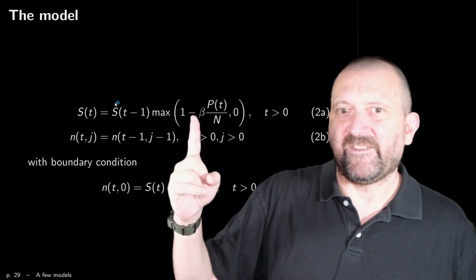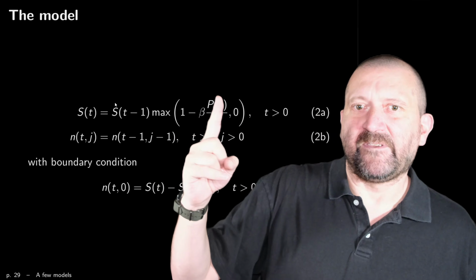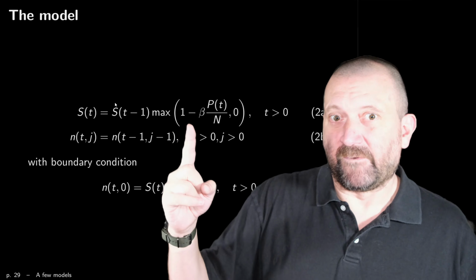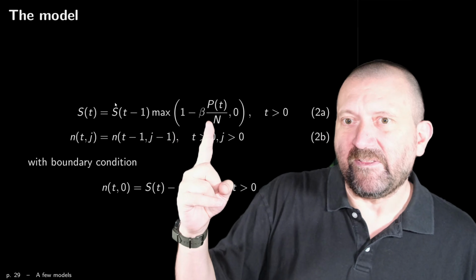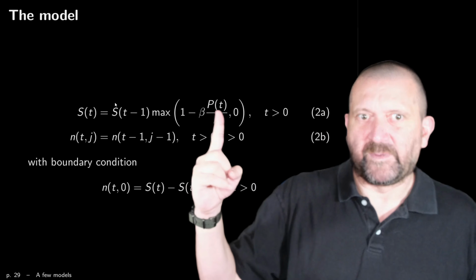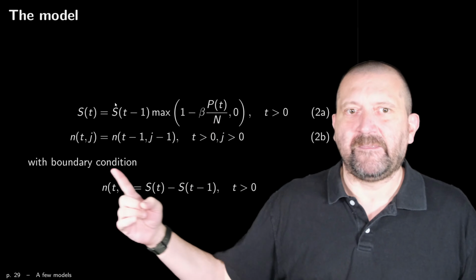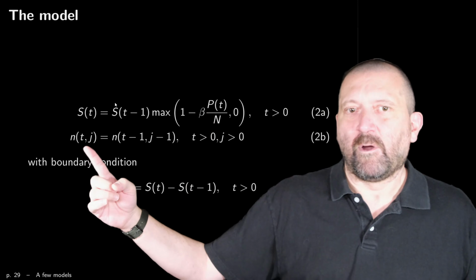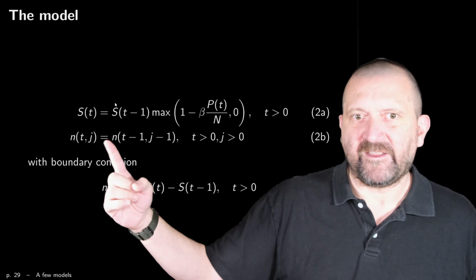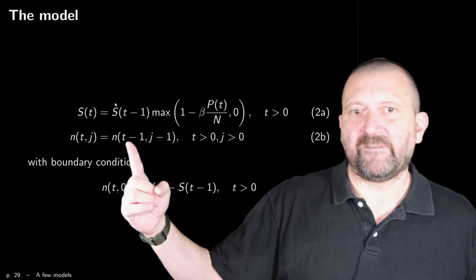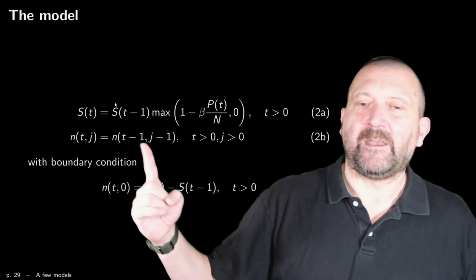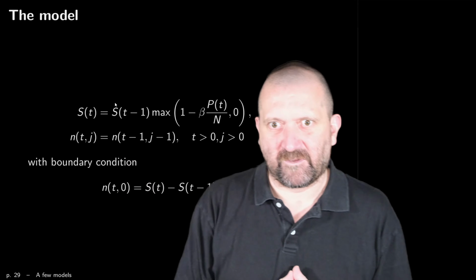Okay, and this is essentially the probability of an infection. And so this is the probability of not being infected. This is the complement. 1 minus beta is the complement of the probability of becoming infected. And the number of individuals who at time t have been infected for j time units is the number of individuals who at time t minus 1 had been infected for j minus 1 time units.